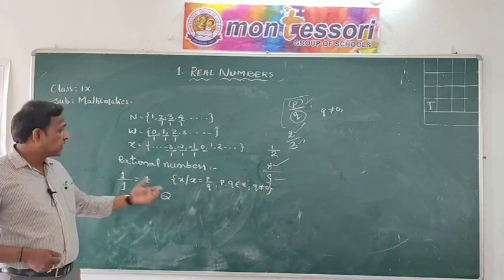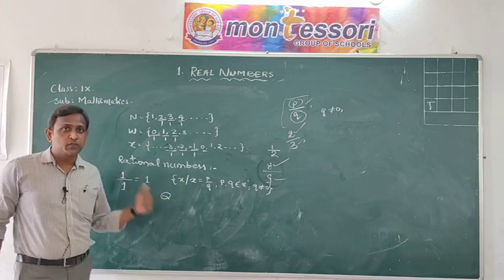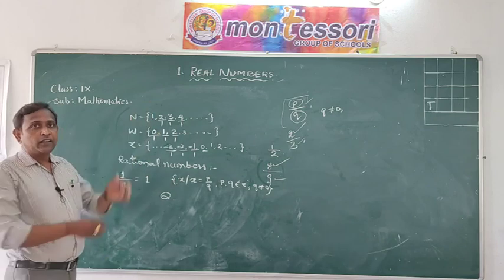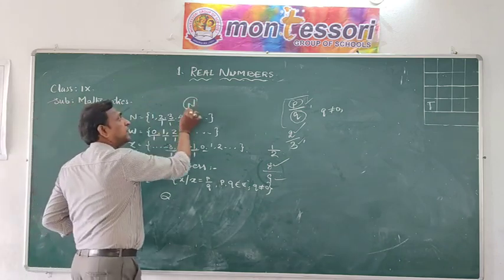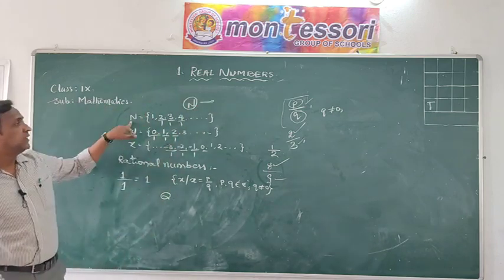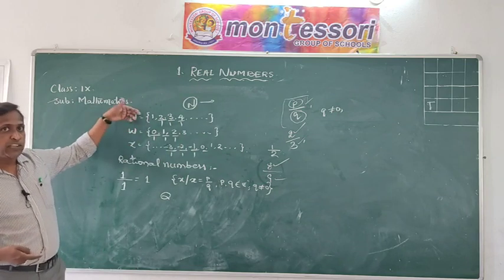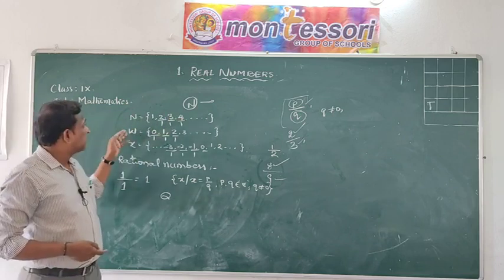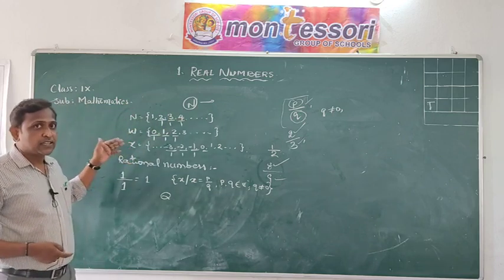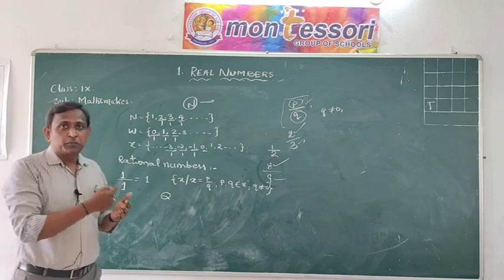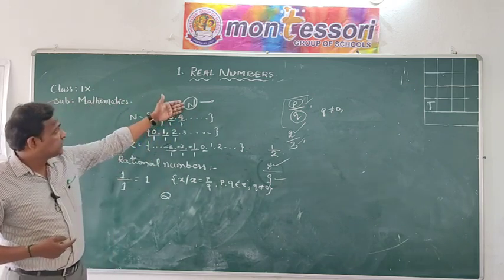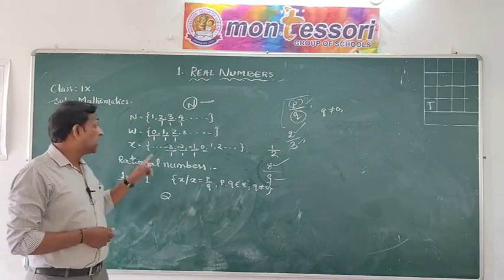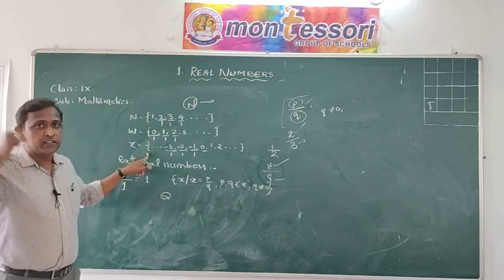Why are we expressing these rational numbers by using the letter Q? Because you see here the natural numbers, the first letter of natural numbers is taken to express the natural numbers. And for whole numbers we have also taken the first letter W, but for integers Z. Actually, the integer should be explained by I, but we are not using I because we are using it for another set of numbers.